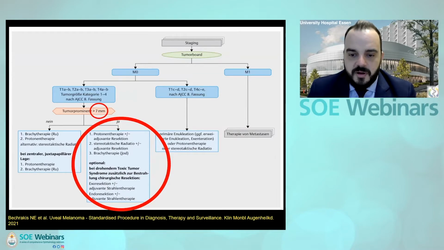photograph, from a publication published last year by Professor Bechrakis and other colleagues from the leading oncology centers in Germany. The publication is written in English, so you can also read this.